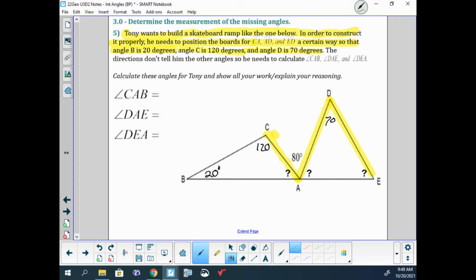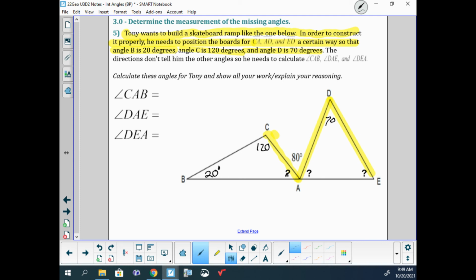The directions don't tell him the other angles, so he needs to calculate angle CAB, angle DAE, and angle DEA. So CAB. Remember, the middle letter A is the vertex, so C is over here, B is over there, so it's this question mark right here that I'm pointing at. And then angle DAE is on the other side, and then DEA is on the far right.